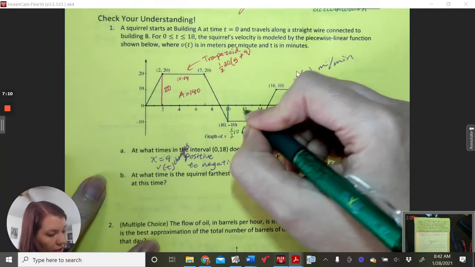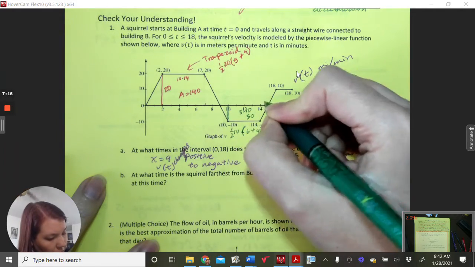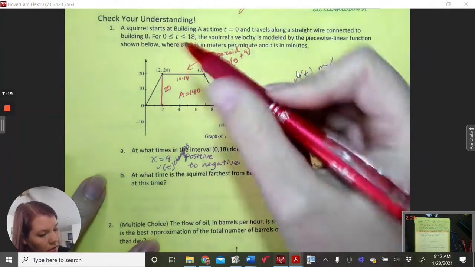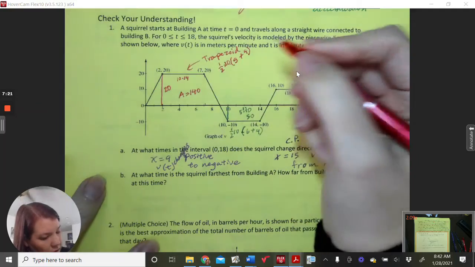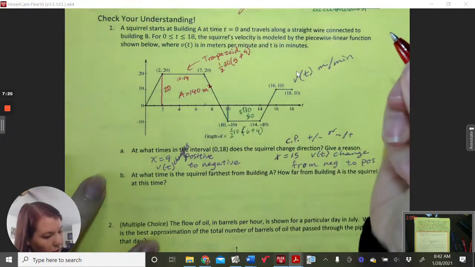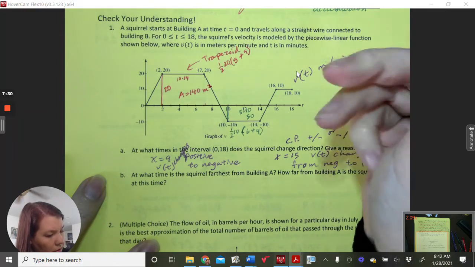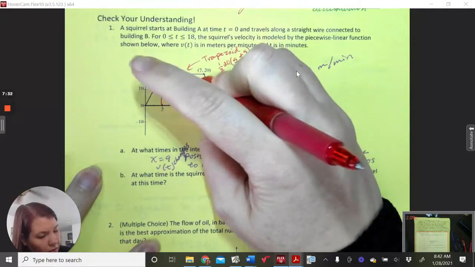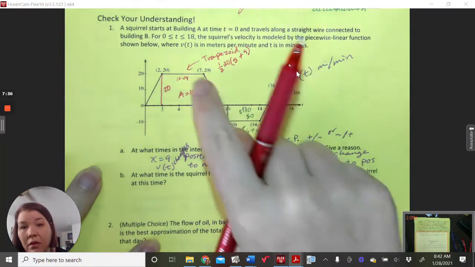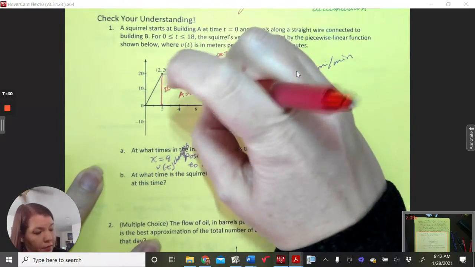So I've got 5 times 10, which is 50. And again, area is going to be meters. Thinking area, so it has to be squared, but it's meters per minute times minutes, because these are minutes. And so it's just meters.